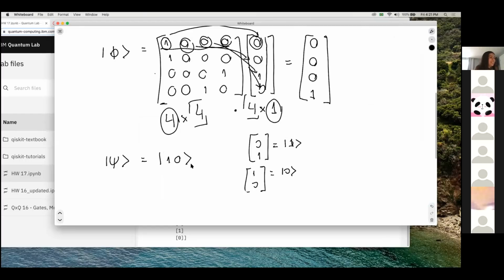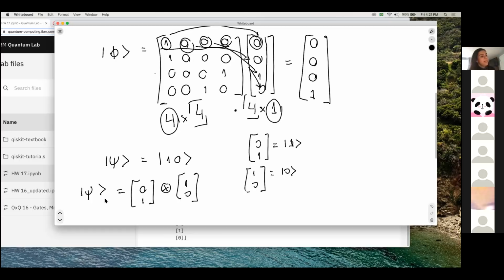So this is our initial state, okay? And it's 1 and 0. And when you do this product, 0, 1, 1, 0, that's what it means.